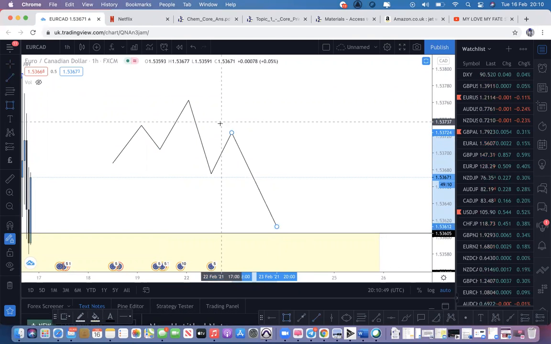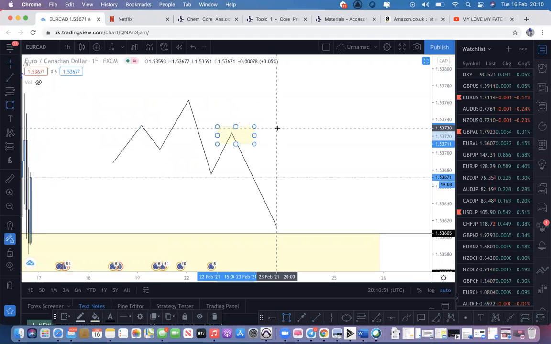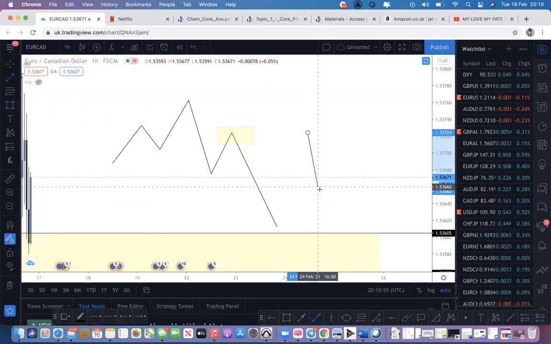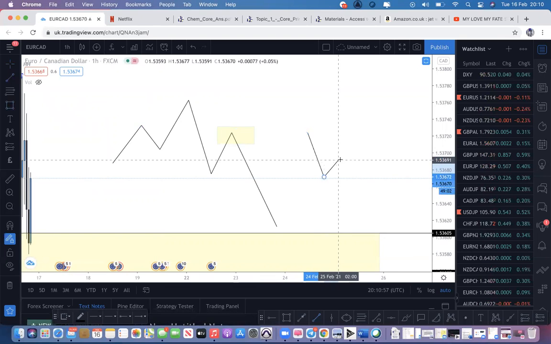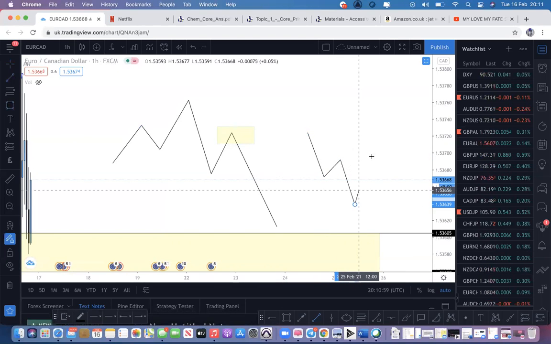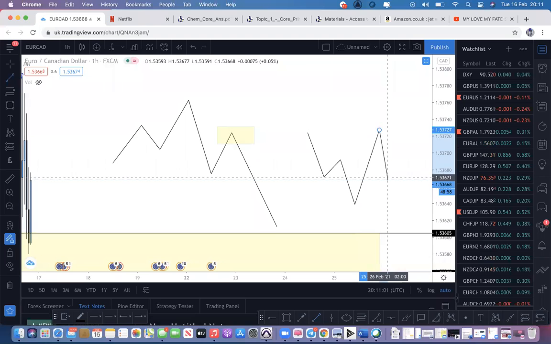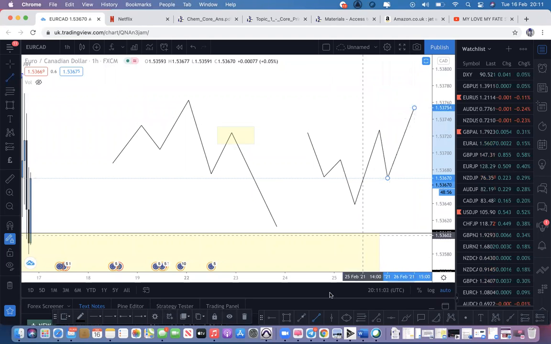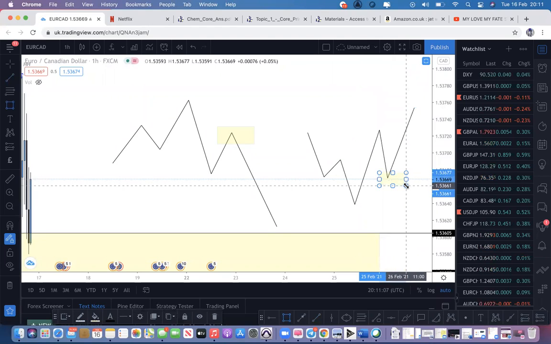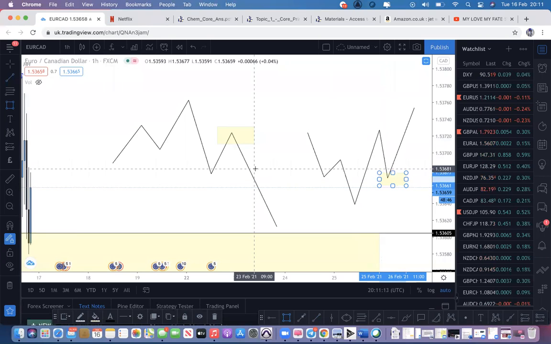This is where you sell. This is the picture you want to see. For a buy, you need this. And this is where you buy. These are the pictures you need to expect once price gets to your higher time frame point of interest.